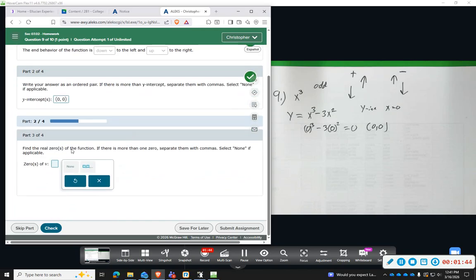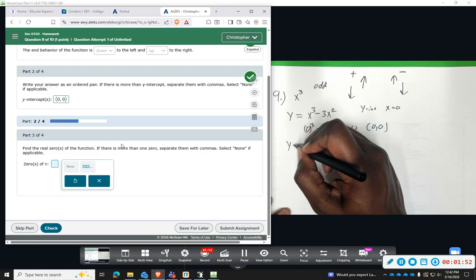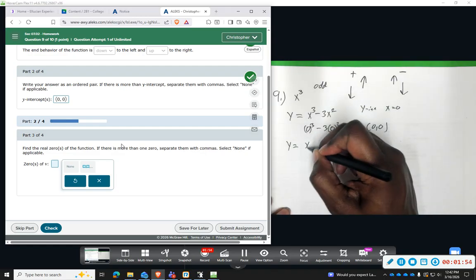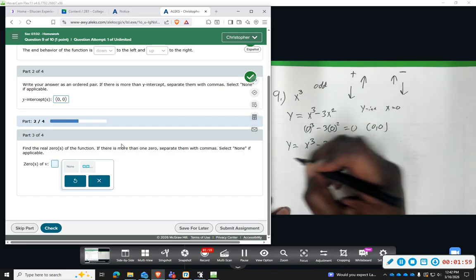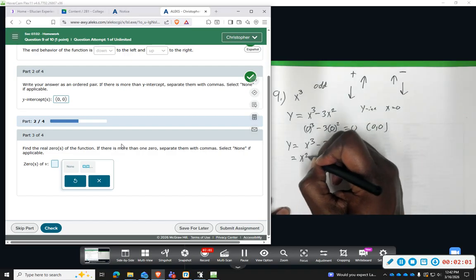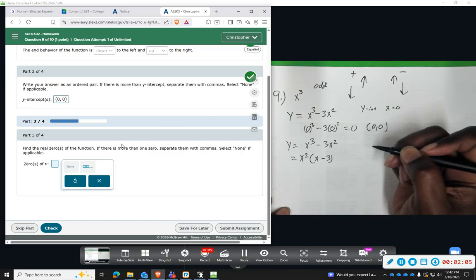We're going to find the zeros of the function. Now these are the x-intercepts, so this time we are going to need to factor. Factor out an x squared, which leaves me with x minus 3.